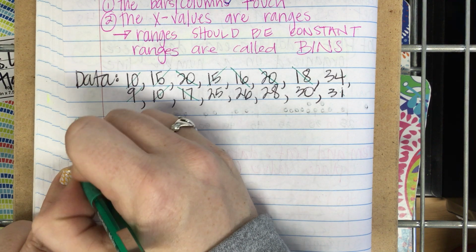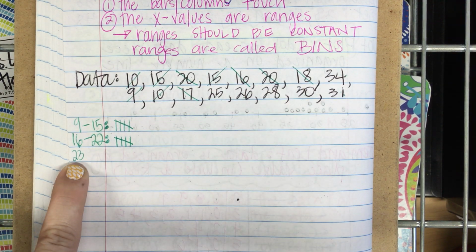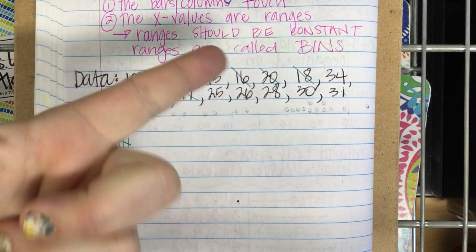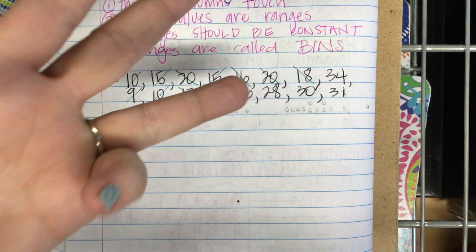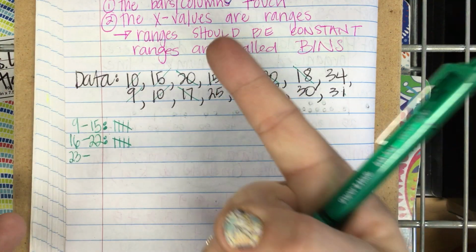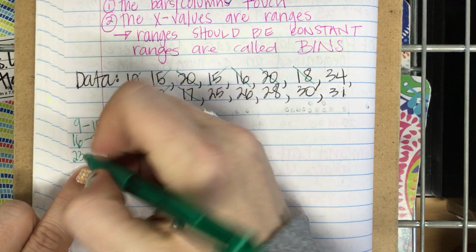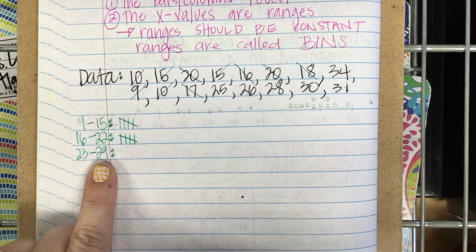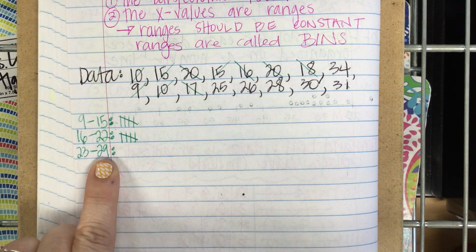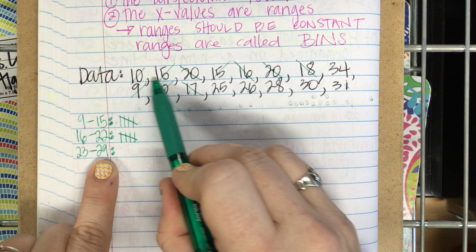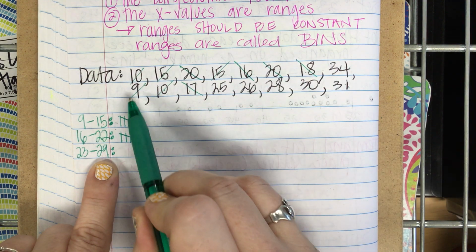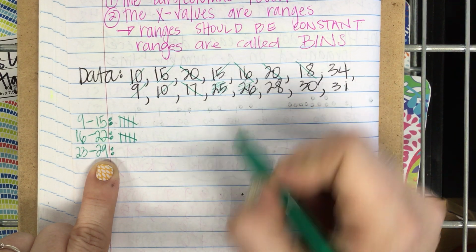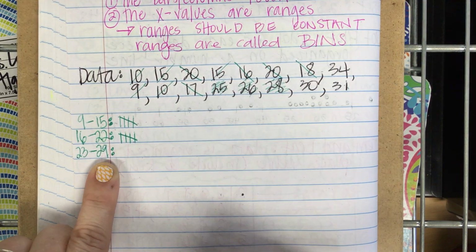I'm going to start at 23 for the next one, right? And then we go 23, 24, 25, 26, 27, 28, 29. So 1, 2, 3.